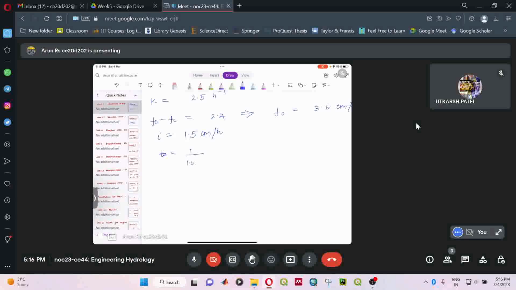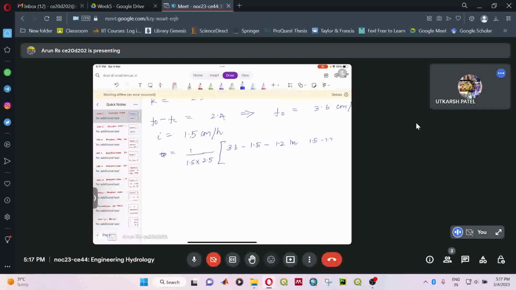One divided by 1.5 into k, which is 2.5, into f naught, this is 3.6, minus your intensity minus fc, into natural log of (1.5 minus 1.2) divided by (3.6 minus 1.2).